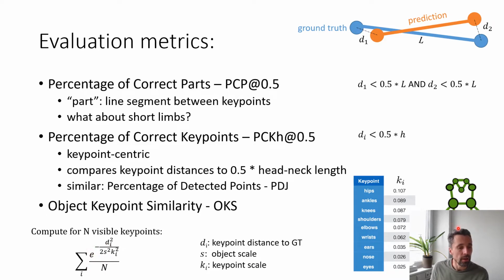So larger distances from the prediction to the actual ground truth are okay for key points that have a larger scale. So you can think of this as a smooth kind of tolerance for that metric. Now then you sum up all these things and you divide by the number of key points, and that's your metric. Okay.